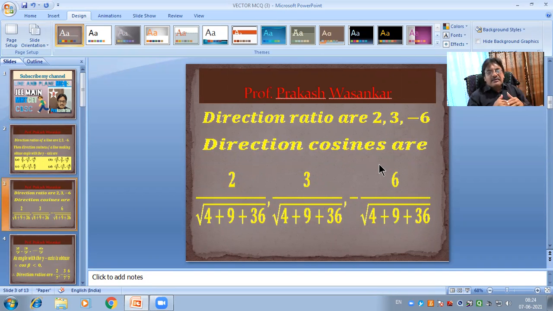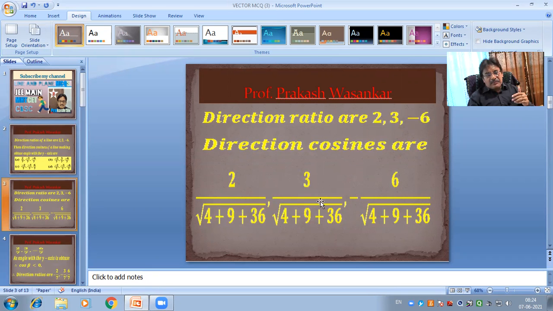Then we find the direction cosines of the line. And direction cosines are 2 upon under root 2 square, that is 4, plus 3 square, that is 9, plus minus 6 square, that is 36.